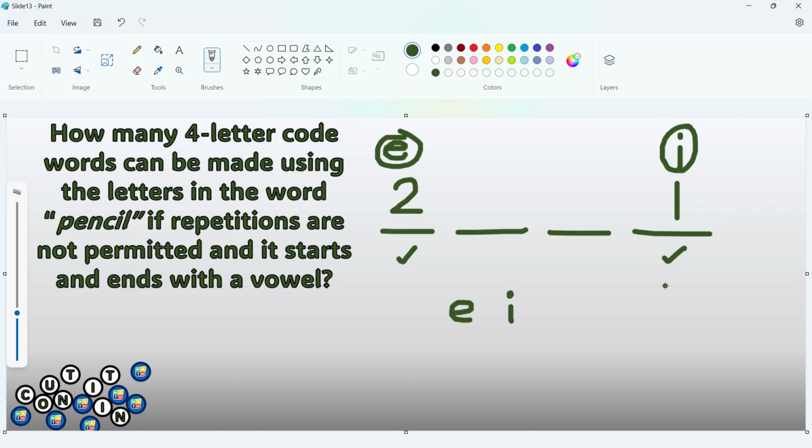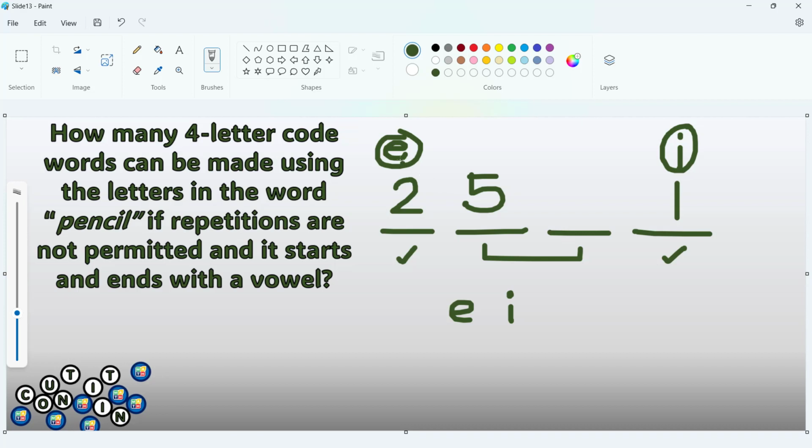Now, talking about our middle letters, since we have 6 letters in the word pencil, if we use letter E here, there are 5 remaining letters. However, take note that we only have 2 vowels, and those 2 vowels already occupy the first and the last placement.